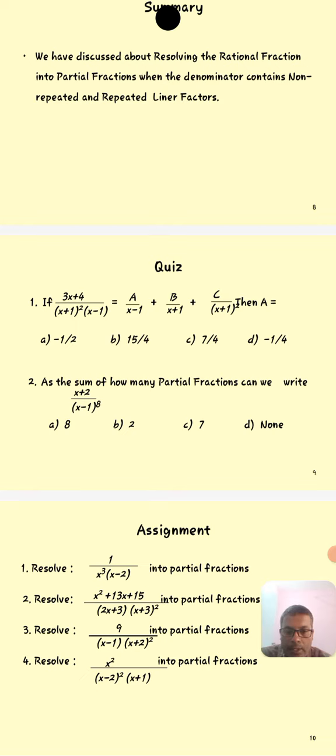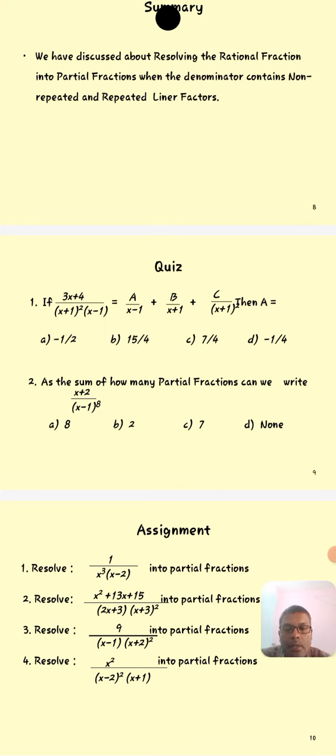And next question, resolve x square plus 13x plus 15 divided by 2x plus 3 into x plus 3 whole square into partial fractions. You observe here in the denominator 2x plus 3 is a non-repeated linear factor and x plus 3 is a repeated linear factor. How many times repeated here? 2 times.